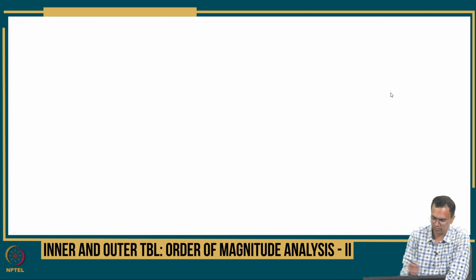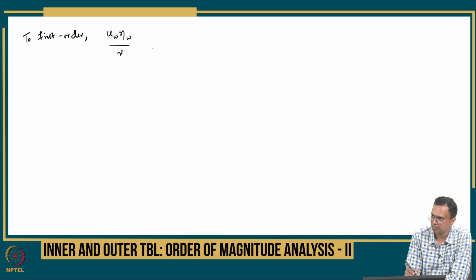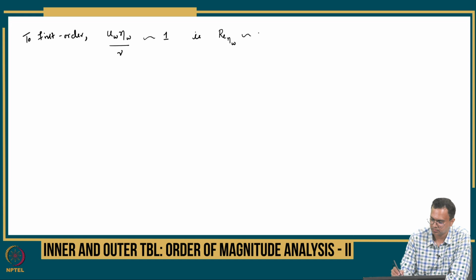Okay, so what did we learn here? To first order, the equation becomes UW eta w by nu is 1. That is, Re eta w is 1.